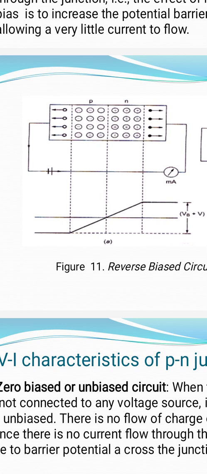Electrons drift towards the positive terminal and holes move towards the negative terminal. Then the depletion layer width increases. If the depletion layer width increases, we require more potential difference to generate current in the circuit.